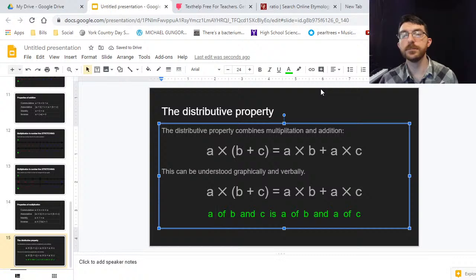A of B and C is A of B and A of C. I need to space this out a bit, getting the spacing so that when it's centered, everything is underneath what it's supposed to be.